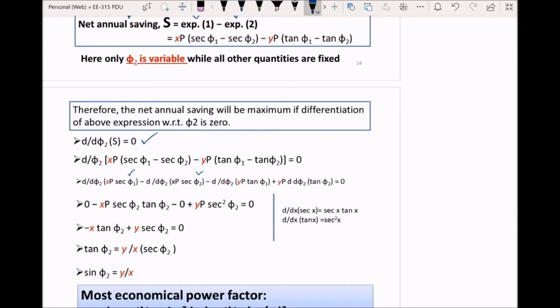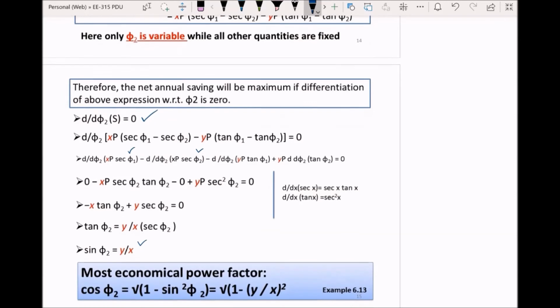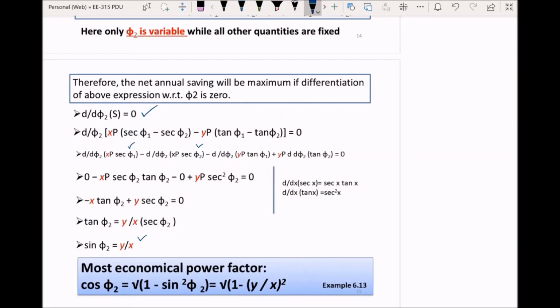So we segregate both of these angles, and the constant terms will be equal to 0, and phi 2 can then be computed all the way down to sine phi 2, and that is going to be equal to y by x. And now if we convert this into cos phi in terms of power factor, then it will be equal to this final expression.